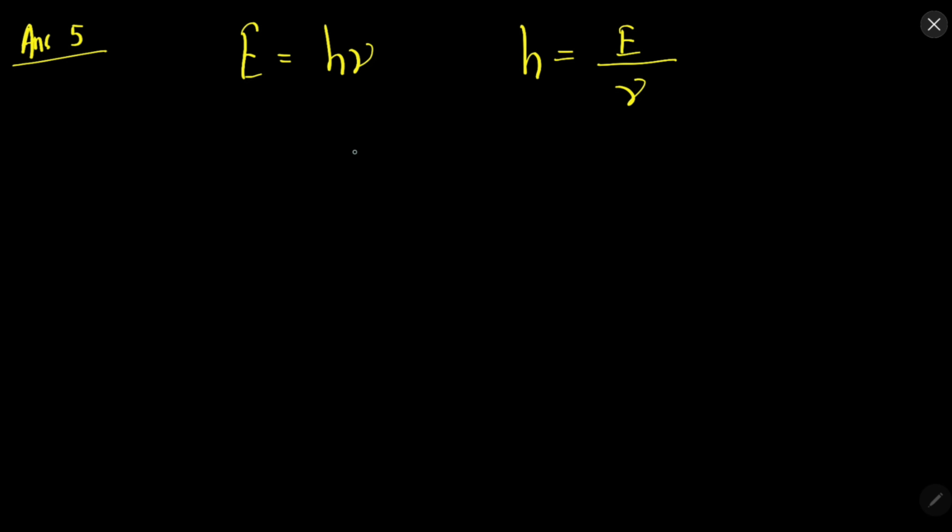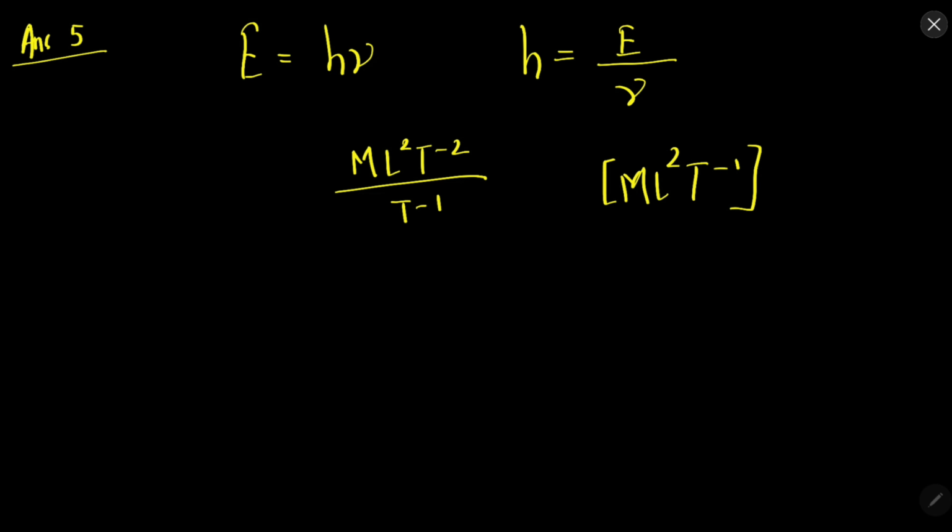The dimension for energy is M L² T⁻², and the dimension for frequency is T⁻¹ as discussed earlier. So ultimately what we will get is M L² T⁻¹. This will be the dimension for Planck's constant.